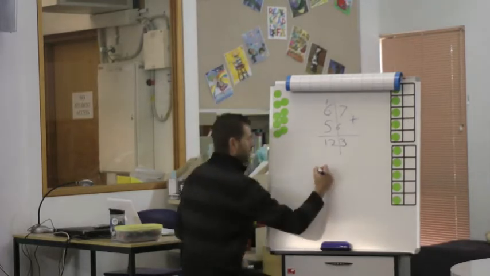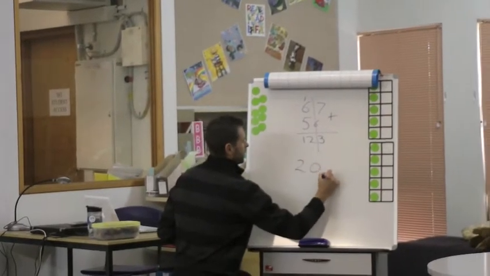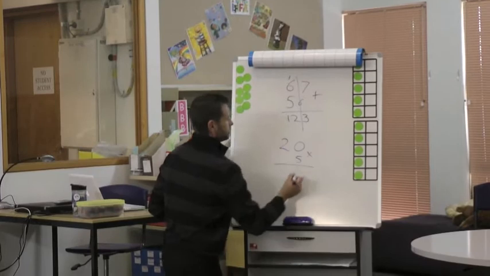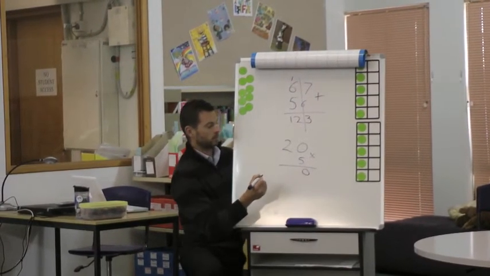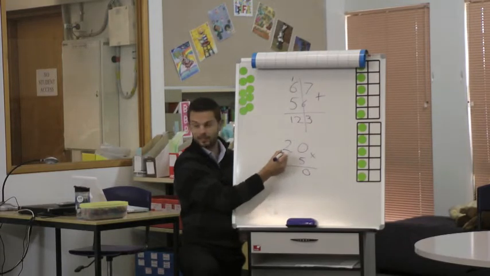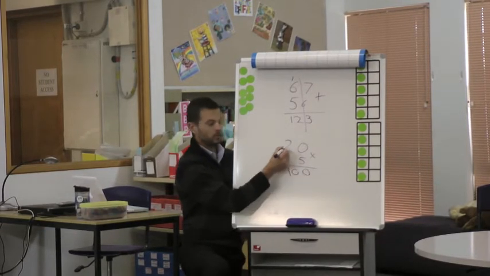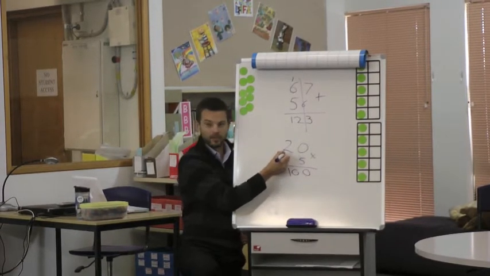Another one, 20 times 5, so a lot of us do our multiplication like this, and we go 5 zeros, 0. It's probably not the best. 5 twos are 10. But it's not 5 twos, it's really 5 twenties.